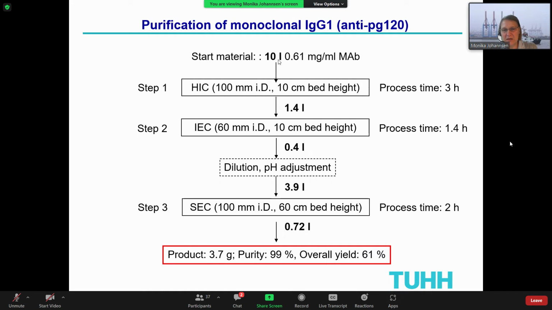We start with a fermentation broth, a volume of 10 liters, which contains 0.6 milligram per milliliter of the target protein. As a first step, we would do a hydrophobic interaction chromatography, which needs 3 hours. It will be on a small column, 10 centimeters in height and 10 centimeters in diameter.